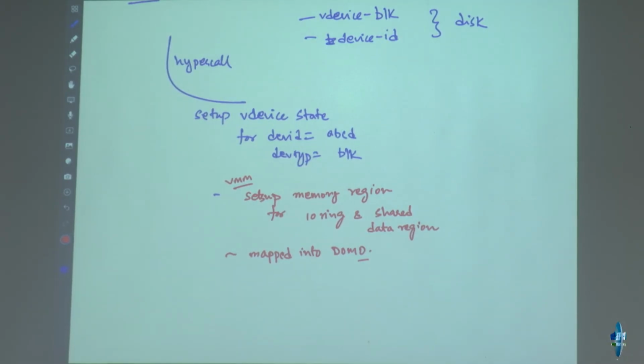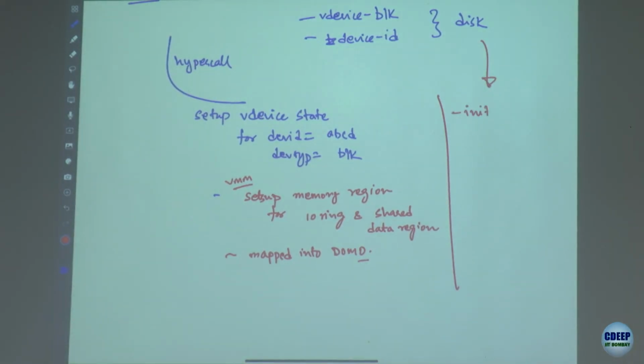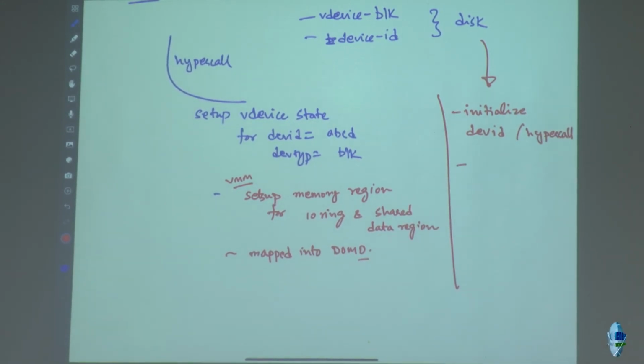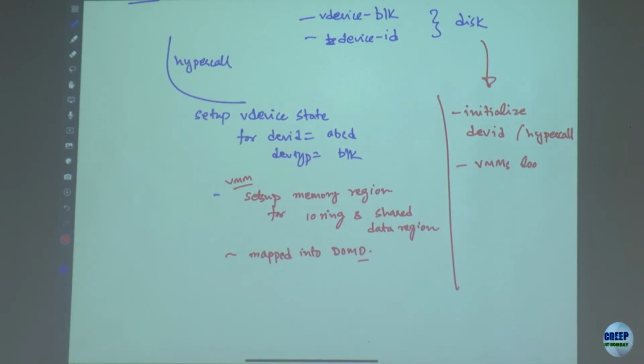Right? So similarly, if the virtual machine also does something like an initialize device ID, and that's also a hypercall, the VMM looks up config state for this device ID and maps shared regions into the VM.